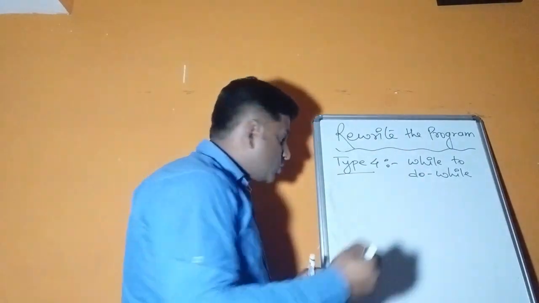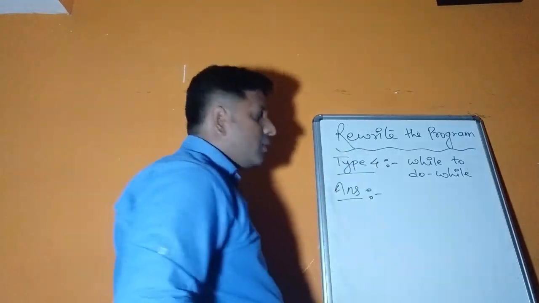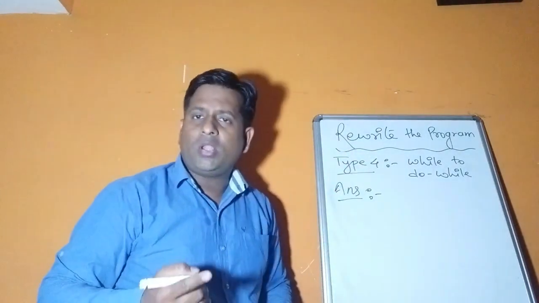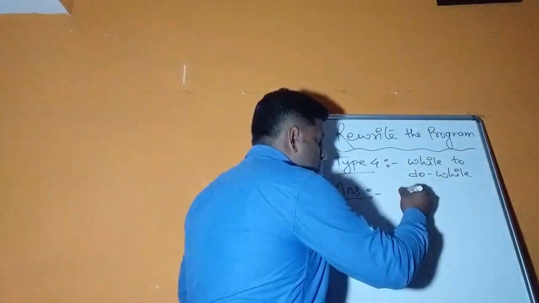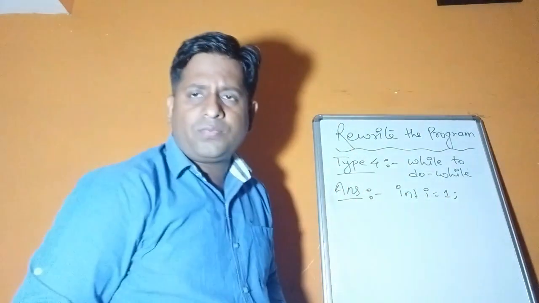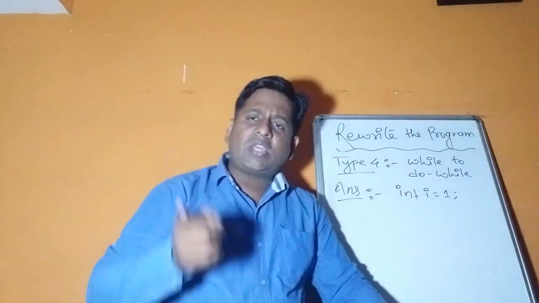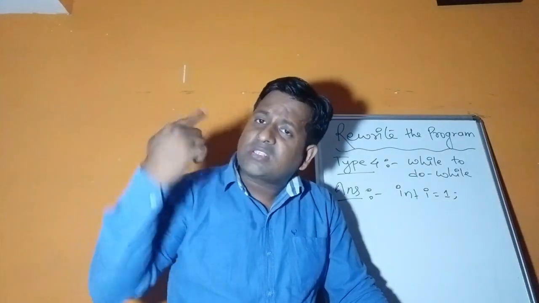Okay, so see here, for the conversion of a while program into a do while loop. Initialization stays above, same as before. That was int i = 1, initialization above. Then after initialization, in the case of while, first the condition was there. In the case of do while, first the statement will execute.